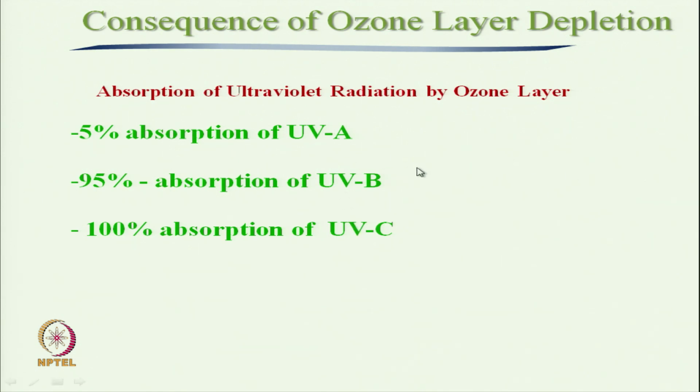UVB, 95% is absorbed, very little comes to the earth, but here the energy is higher than UVA, and that is why it is more dangerous than UVA, and UVC is almost 100% absorbed.